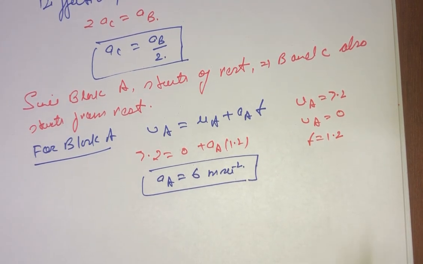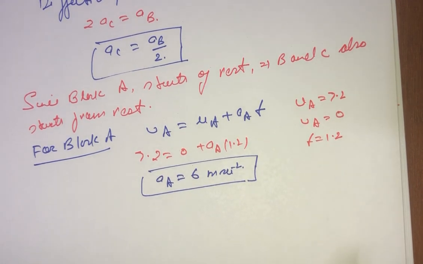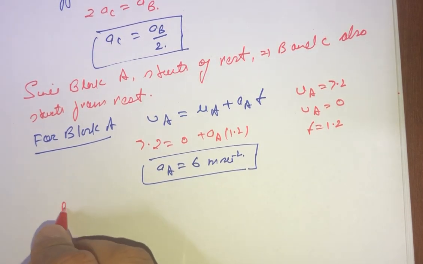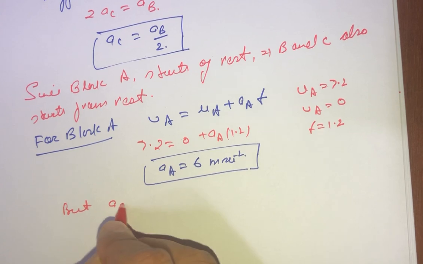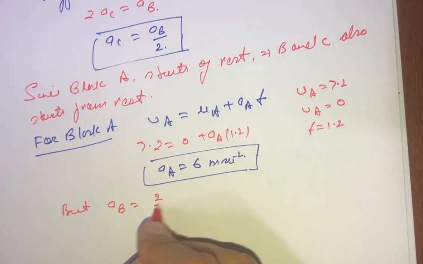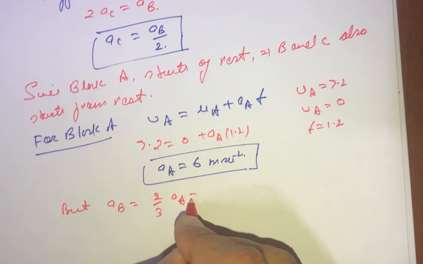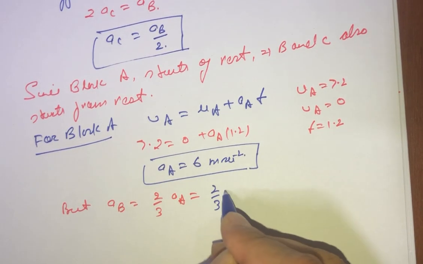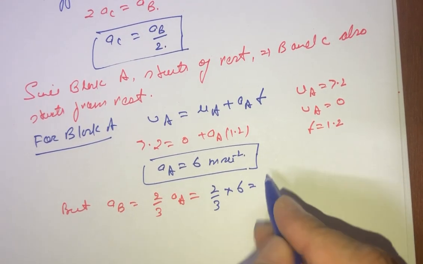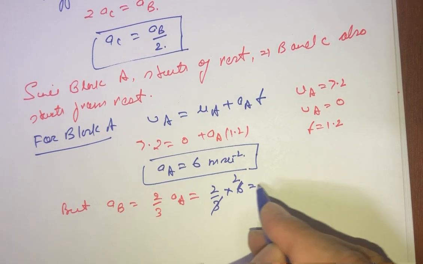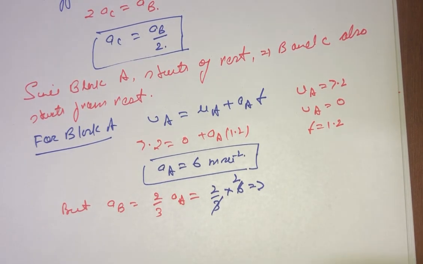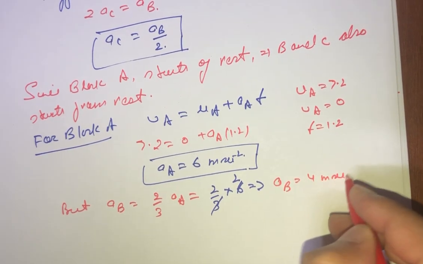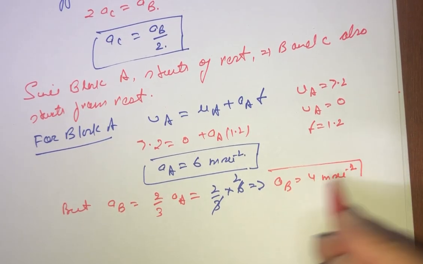We already know the relationship between B and A. We can write it: acceleration of B is equal to 2 by 3 acceleration of A. So we put the values, 2 by 3, acceleration of A is 6. So this comes as acceleration of B is equal to 4 meter per second square.